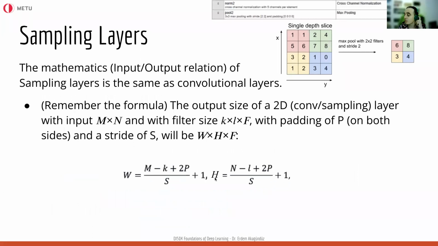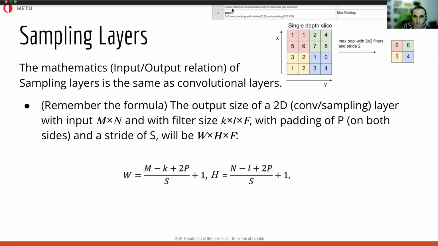And remember, before I continue with the other types, the output value of a sampling layer was calculated no different than a convolutional layer, the same formula. So in this case, it is 27 here. Let me use my pen again.